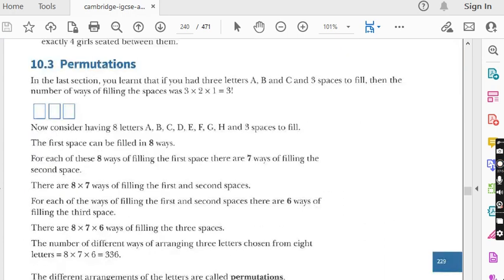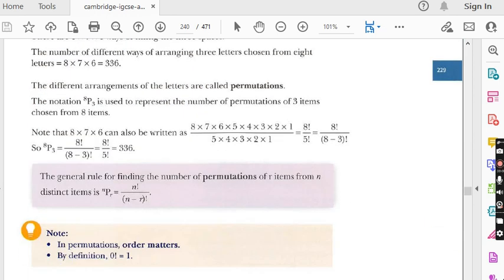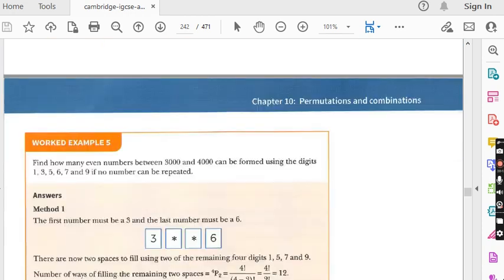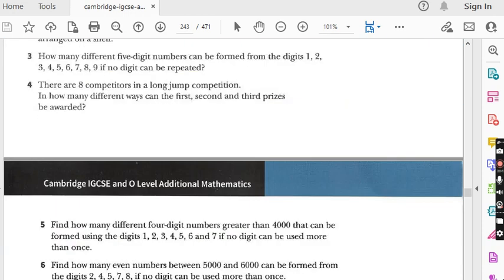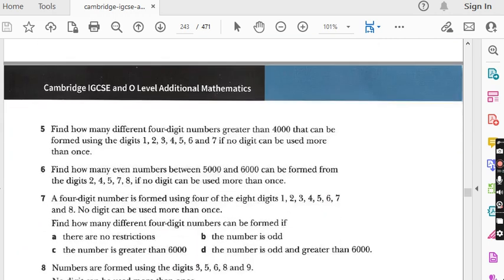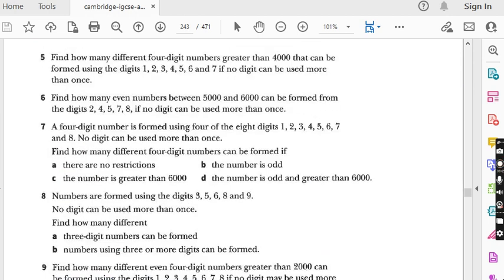The next exercise is permutations. Permutations is another name for arrangements, so almost the same questions as exercise 10.2, but more important questions in exercise 10.3 as compared to exercise 10.2. Don't worry, I will do each and every question. How many questions? Question number 9.